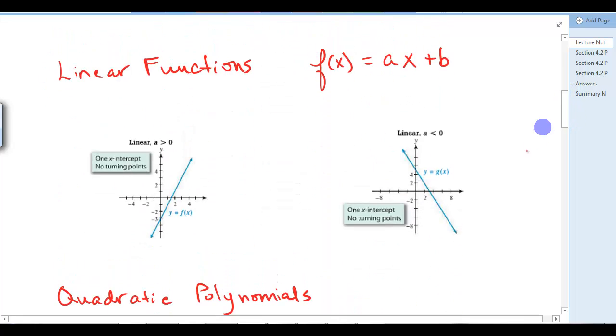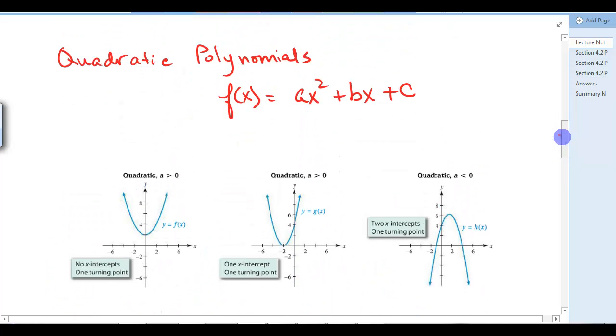Linear functions: f of x equals ax plus b. All right, if this a is positive, you'll have something with a positive slope, one x-intercept, no turning points. If a is negative, you'll have that negative slope. It'll be falling, one x-intercept, and still no turning points.